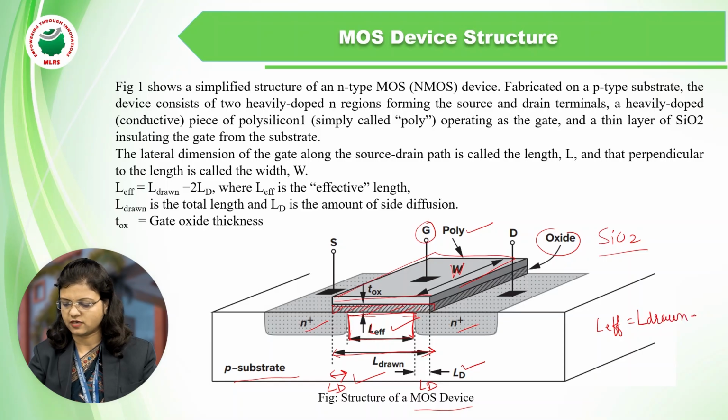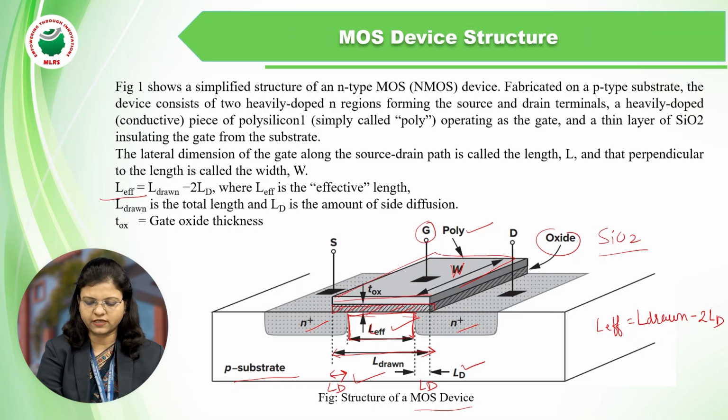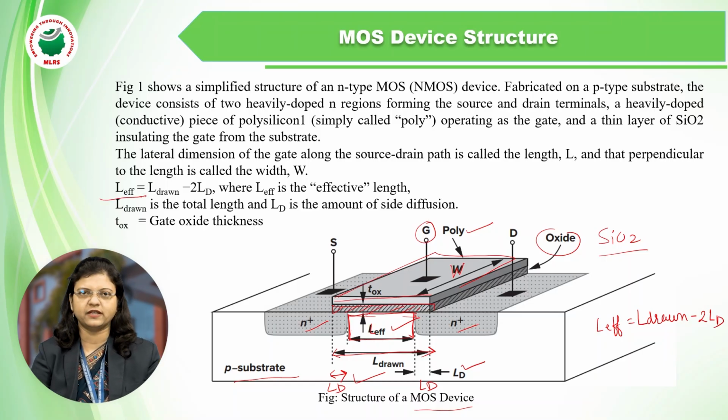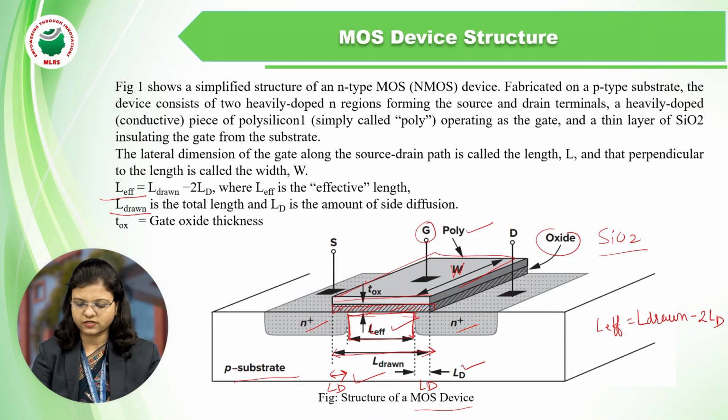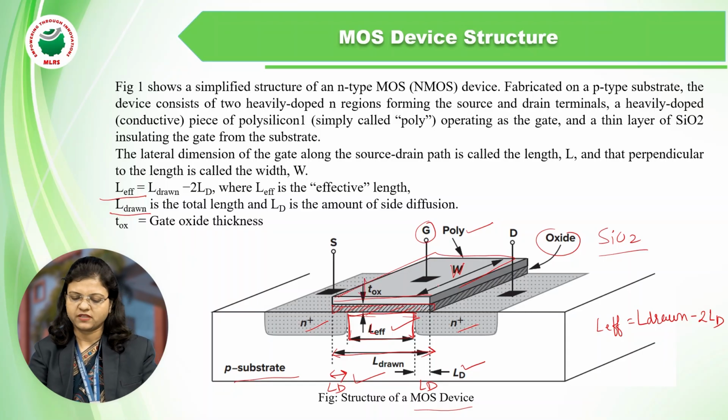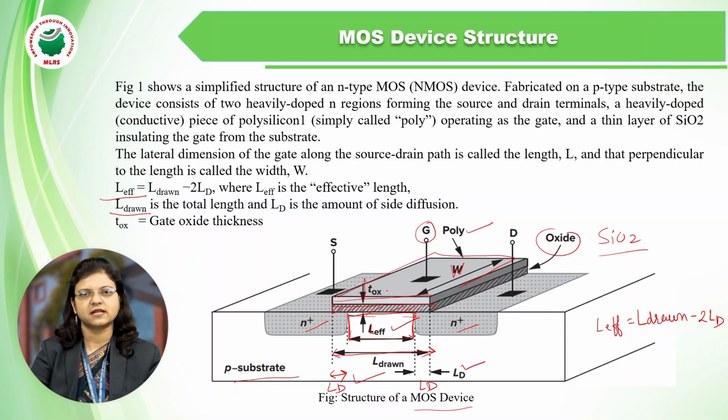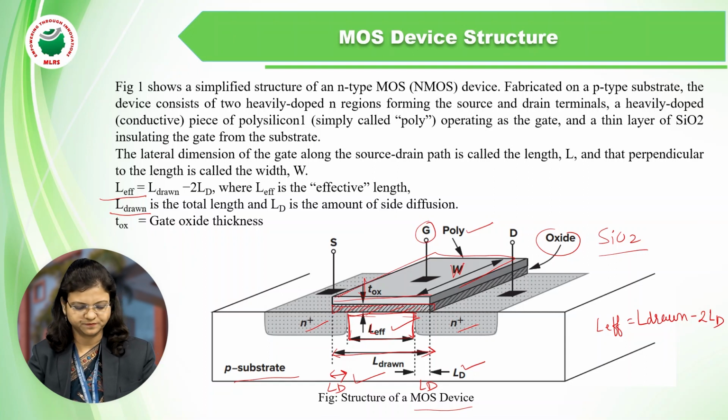So the formula becomes L effective equals L drawn minus 2 times LD. L effective is the effective length of the gate, L drawn is the total length, and LD is the amount of side diffusion. Now one more very important thing is Tox, which is the thickness of the oxide layer. So this is all about the parameters in the MOS device.